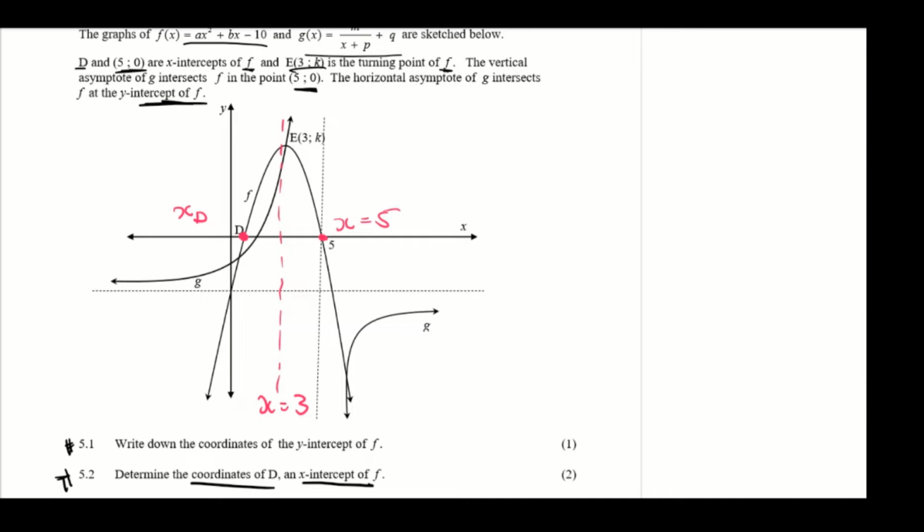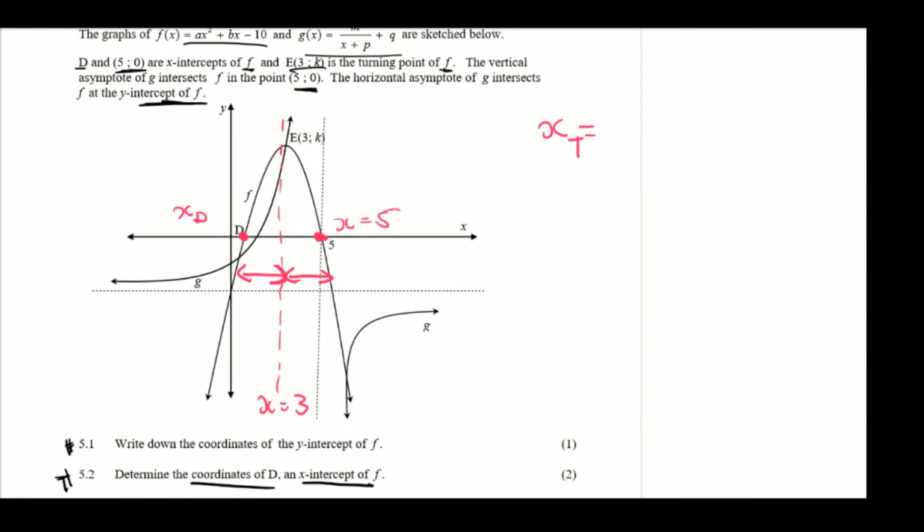What we can do is find the difference between x of D and the turning point, which will be equal to the difference between the turning point and this 5 here. What I mean is that the x of the turning point has a constant difference with the x-intercepts, meaning it divides them.